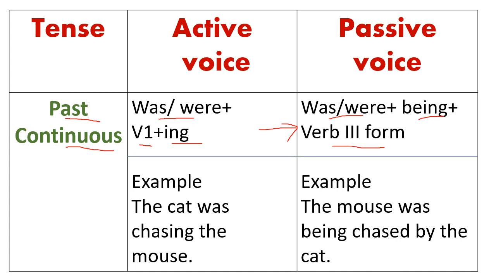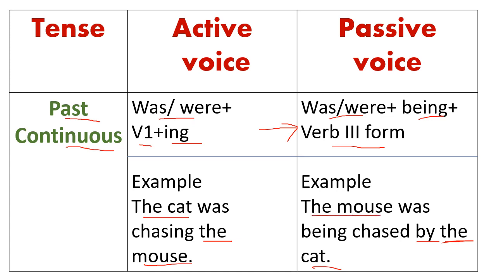The cat was chasing the mouse. The cat is the subject. Subject will become object in passive voice, and before the object we will add by. Then what is the object in active voice? That is the mouse. Object in active voice will become subject in passive voice.